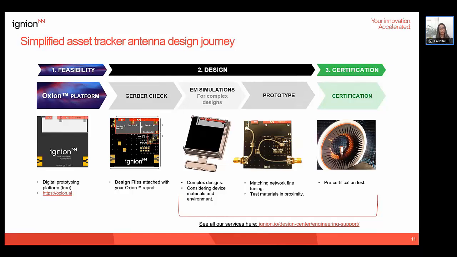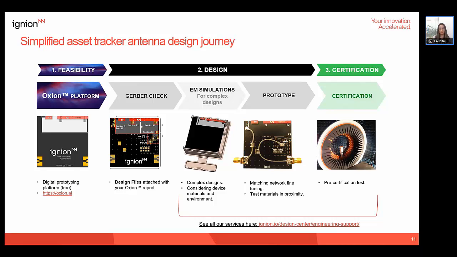So once we have this first stage complete, we move to the design, where we check the Gerbers, and once we have the green light for the Gerbers, we can move to the prototype, where we can tune the matching network to the desired frequency bands.